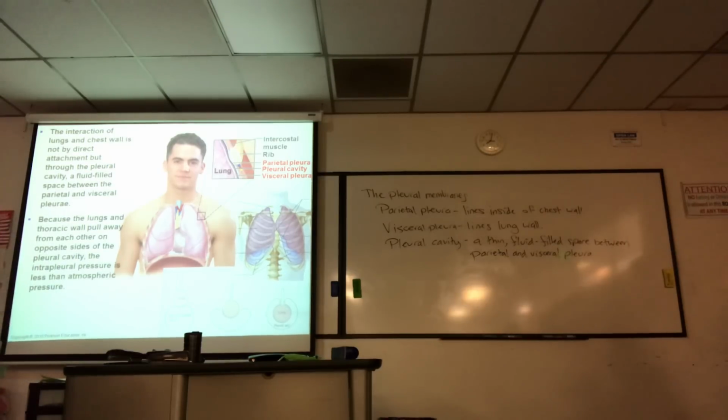Let's read the second paragraph here. Because the lungs and the thoracic wall pull away from each other on opposite sides of the pleural cavity, the intrapleural pressure is less than atmospheric pressure. So let me break that down. I didn't really mention this before. The lungs and the chest wall, I said they're stuck to each other, but they're pulling in opposite directions, okay?